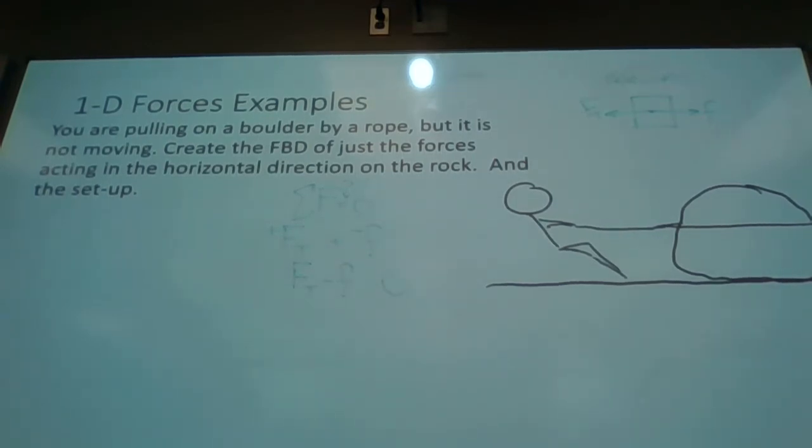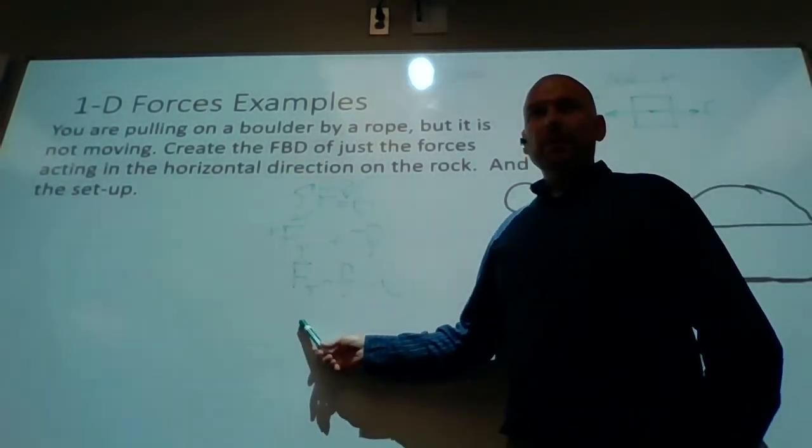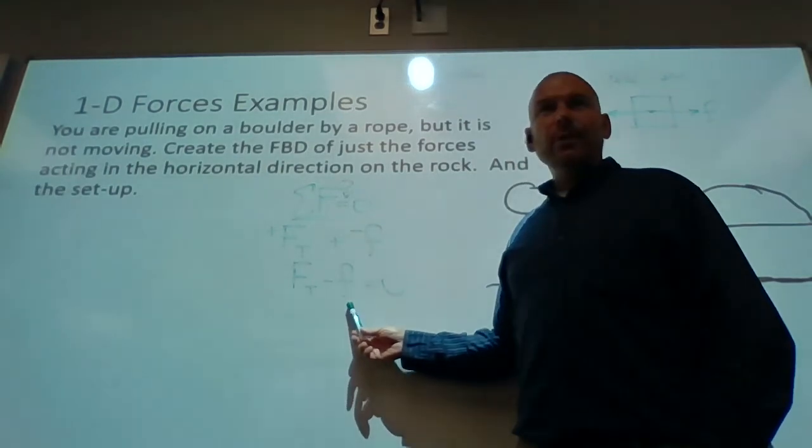I guarantee it. Okay? So, once you have set up your problem with your free body diagram, then I can say, okay, let's say you're pulling this rock with 100 newtons. How much friction is there? Well, 100 newtons, looking for friction.